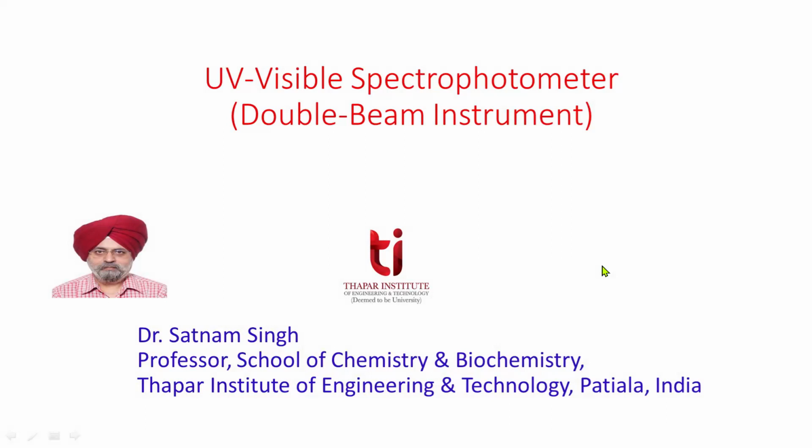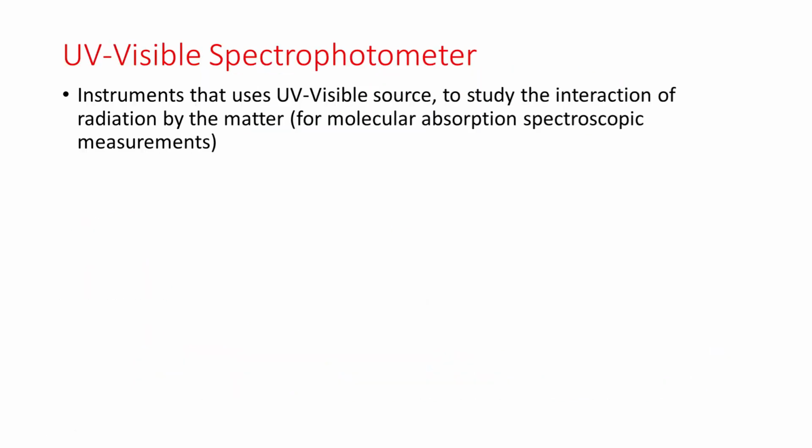In this session, we will discuss the UV visible spectrophotometer, double beam instrument. These are instruments that use a UV visible source to study the interaction of radiation with matter for molecular absorption spectroscopic measurements.